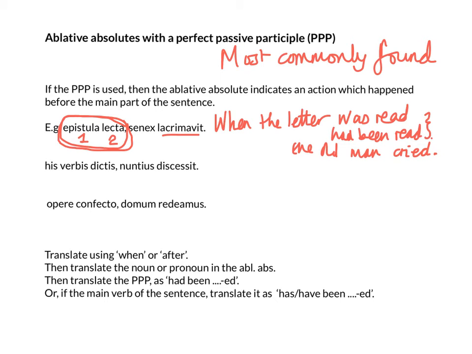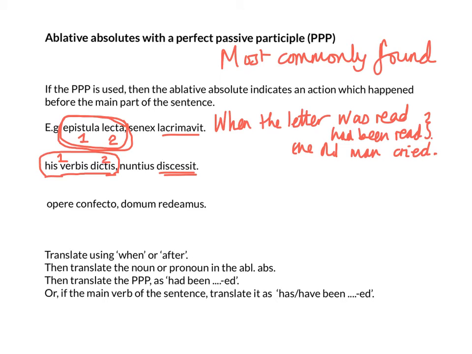Let's have a look at the next example then. I put three words in this ablative absolute just to spice it up a little bit. So instead of just saying verbis dictis, I said his verbis dictis. Well, why not? Let's take his and verbis together and dictis afterwards. The main tense of the verb is perfect. So once again, I've got an ablative absolute that has taken place before a verb in the perfect tense.